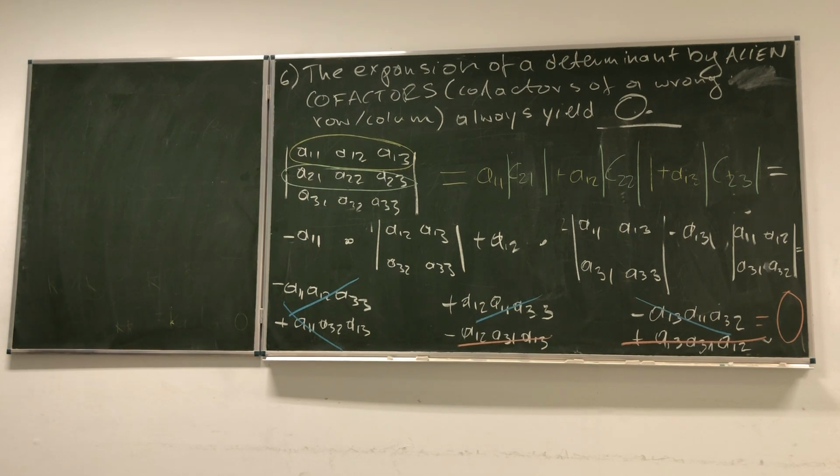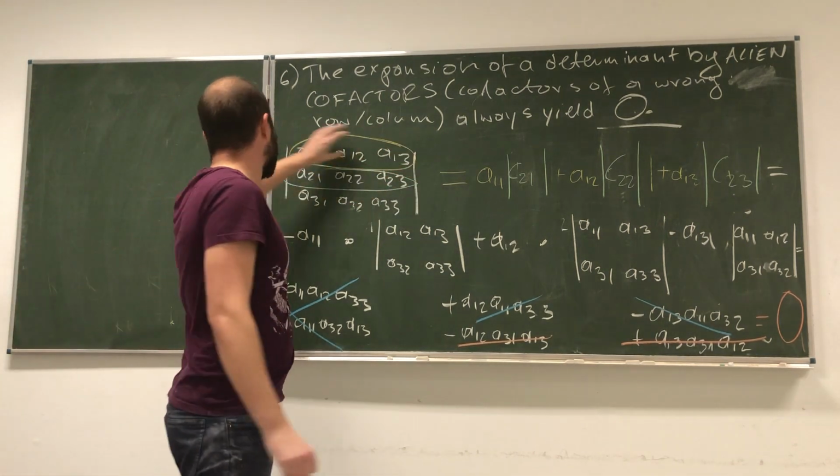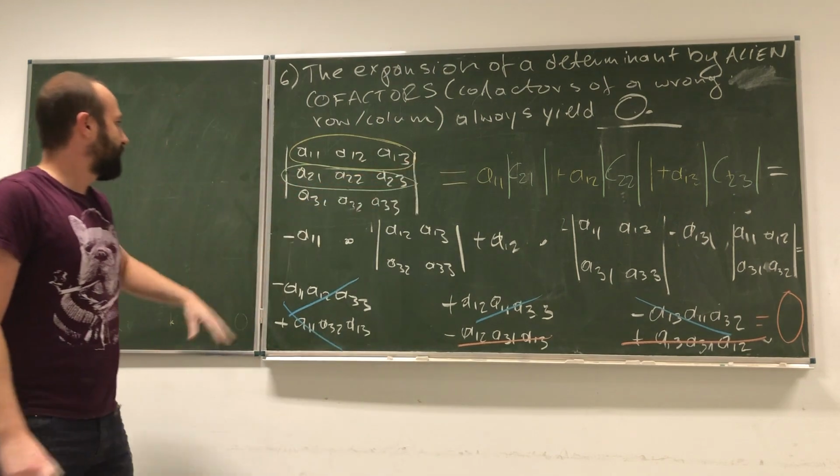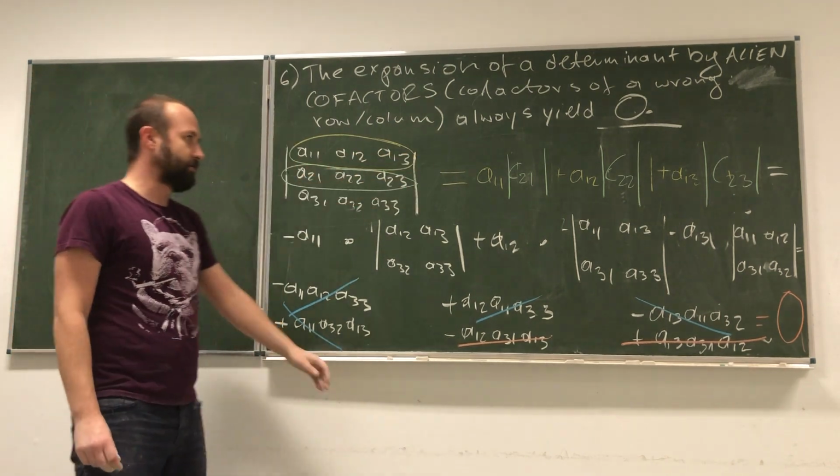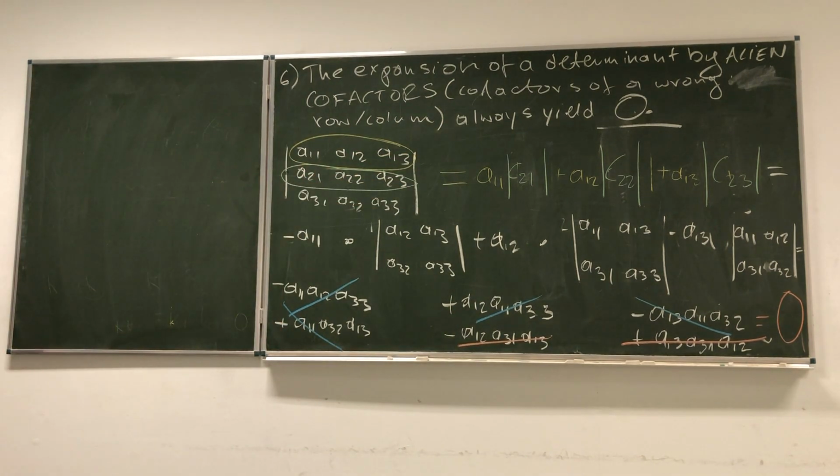We can see over here that if I want to do expansion by alien cofactors, what am I doing? I'm taking cofactors from elements from one row, cofactors from a different row, and as a result, I am getting 0.